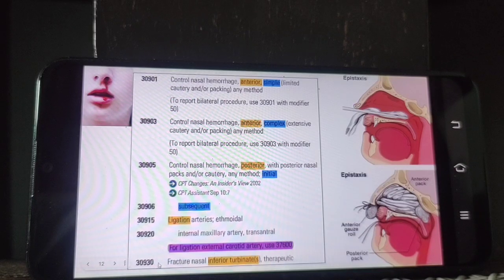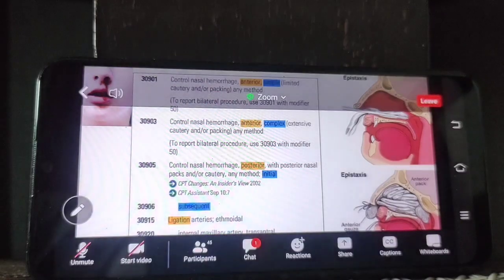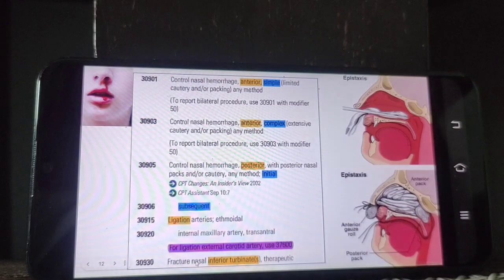30930, fracture of the nasal inferior turbinate. That means the doctor breaks the bone for therapeutic purposes, that is, on a treatment basis.